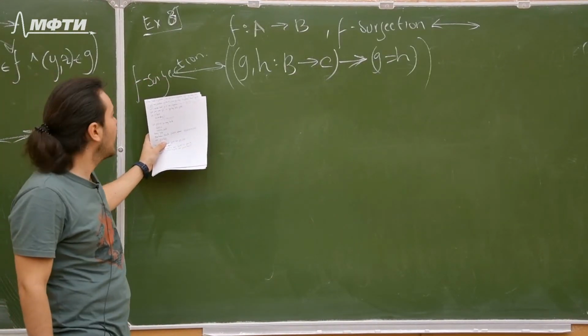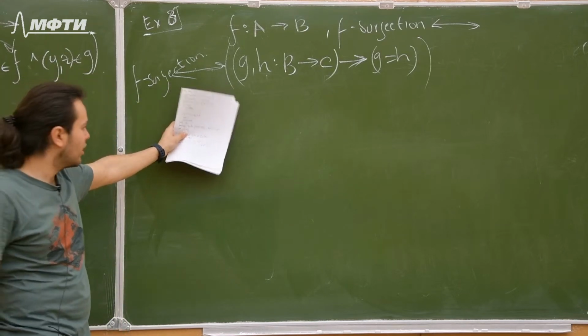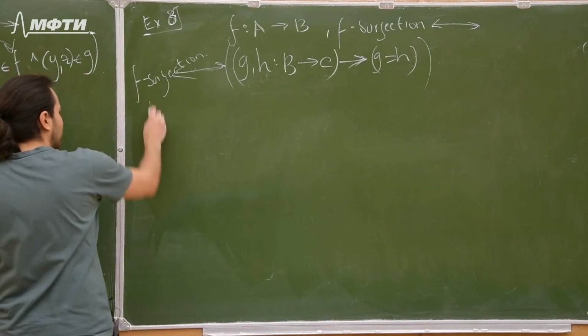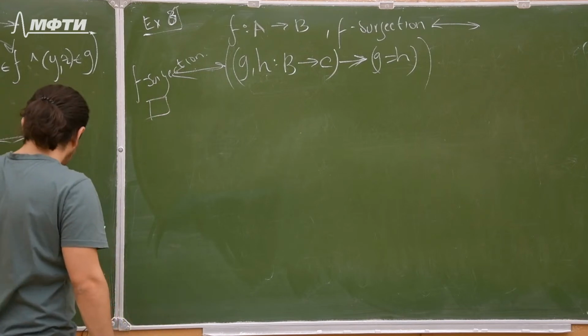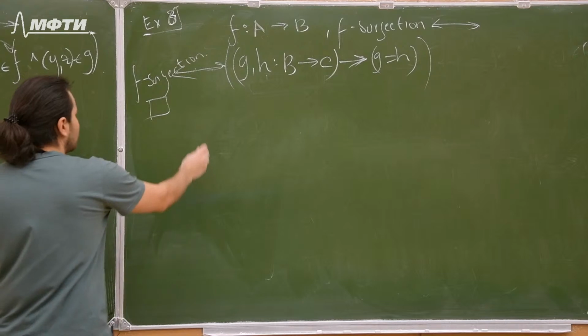Okay, so again, since we have to prove an if and only if, we have to prove this in two directions here. So let's prove it first for this direction.